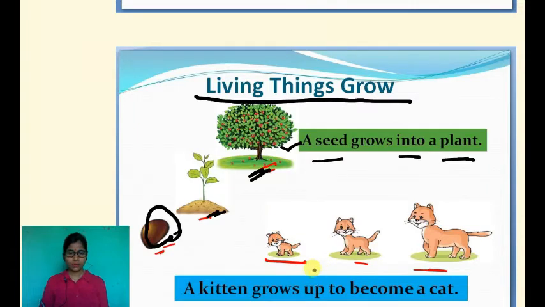As a second example, a kitten grows up to become a cat. Non-living things stay the same and do not grow. For example, a table or your mobile phone will always stay the same.